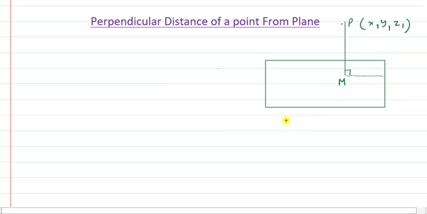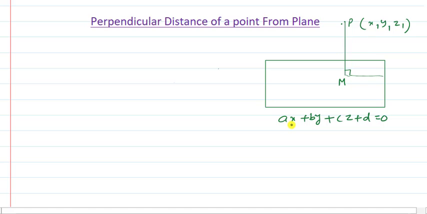And let the equation of the plane given to us is ax plus by plus cz plus d is equal to 0. Question will be asked like, find perpendicular distance from point P having coordinates x1, y1, z1 from the plane ax plus by plus cz plus d is equal to 0.